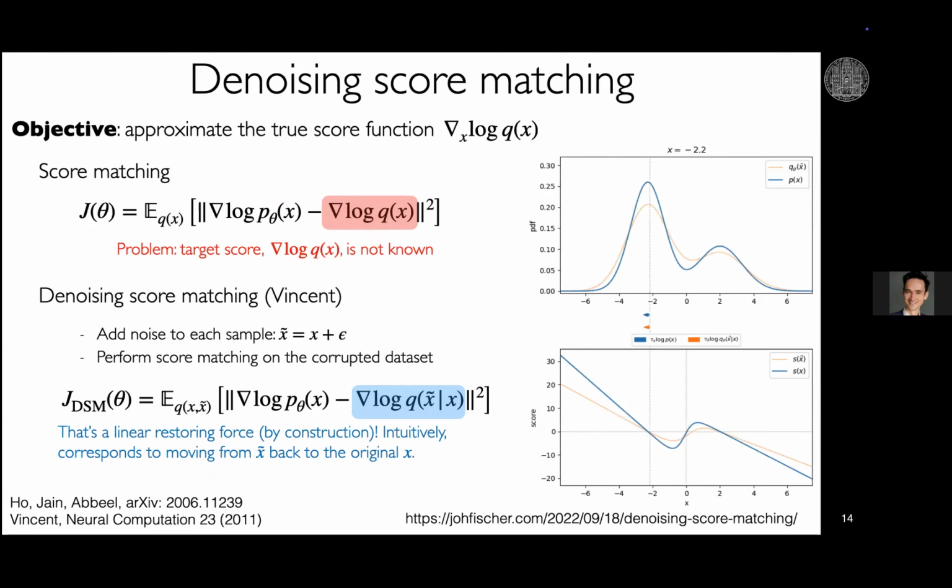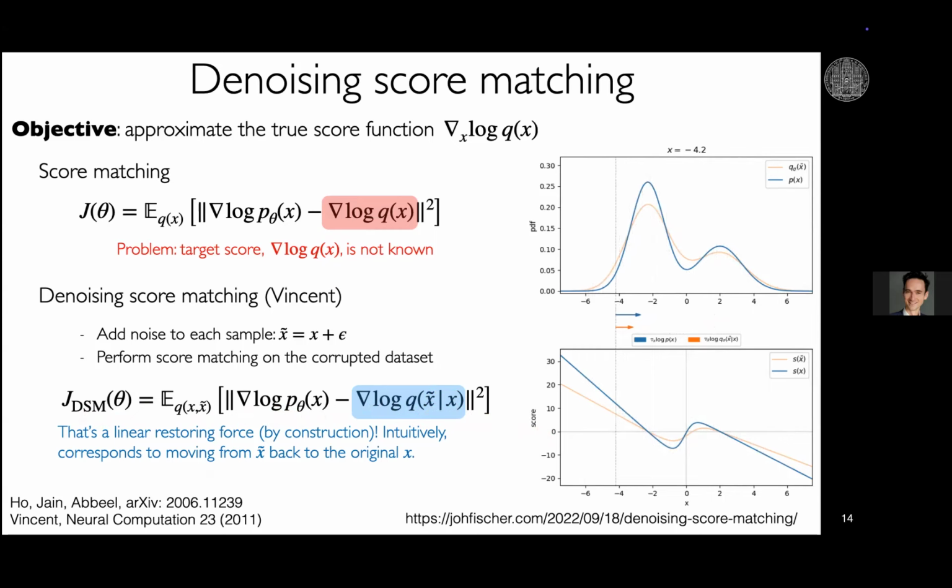But what you can do is a trick proposed in this paper by Vincent here, the so-called denoising score matching, which says you can take a sample and then noise it and impose a certain noise schedule, for instance, Gaussian noise. And what he showed is that you can write this denoising score matching loss, which is now this conditional distribution of the noisy data conditional on the noiseless data here.